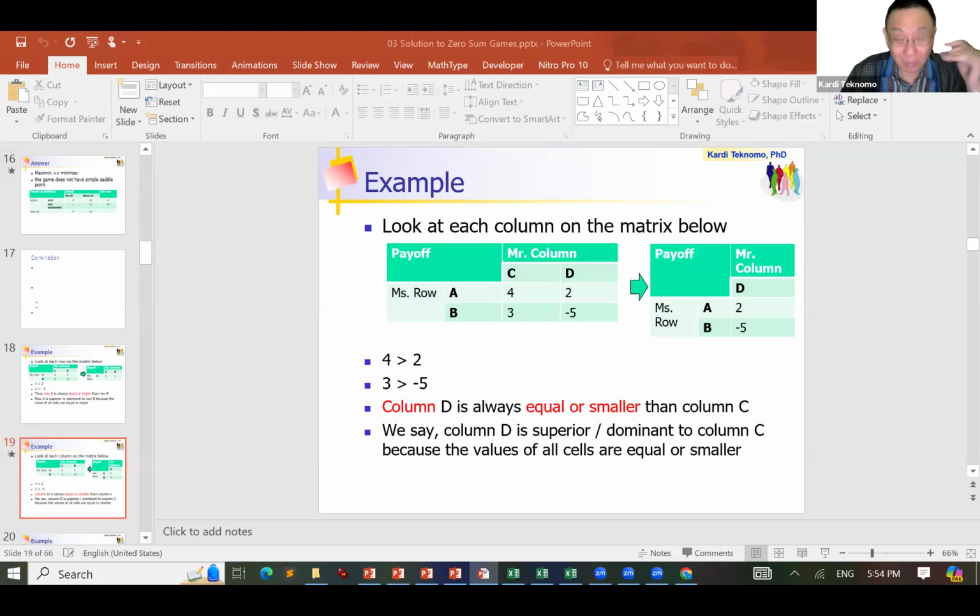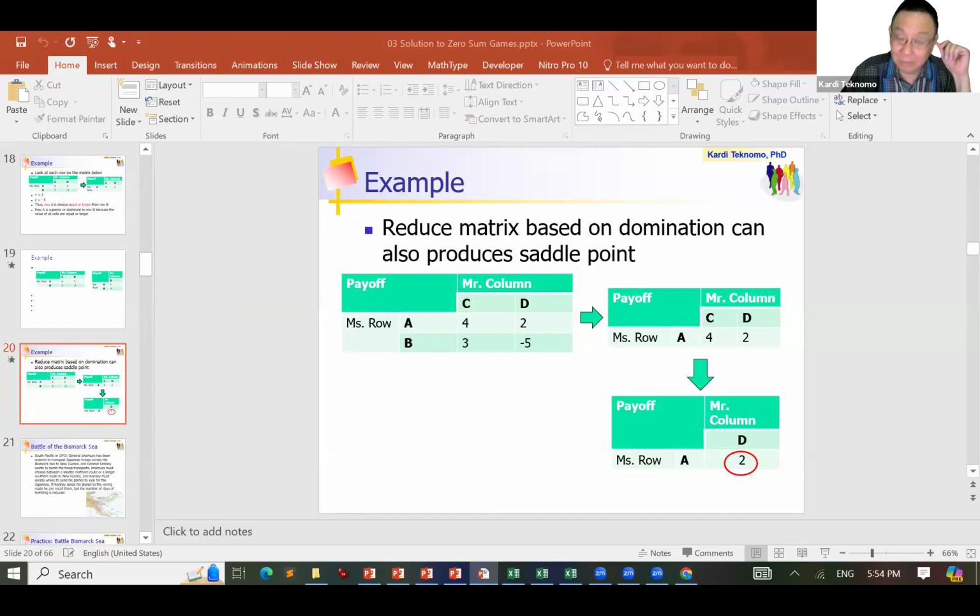Domination: for rows, you get the maximum for all; for columns, you get the minimum for all rows. In this example, we can do both, domination by rows and domination by columns. Row A dominated row B, so row B is no more.